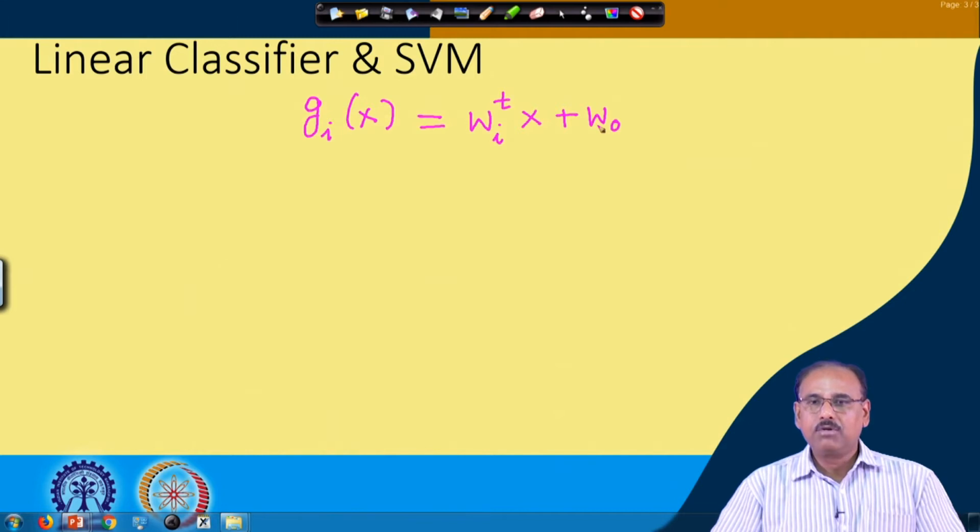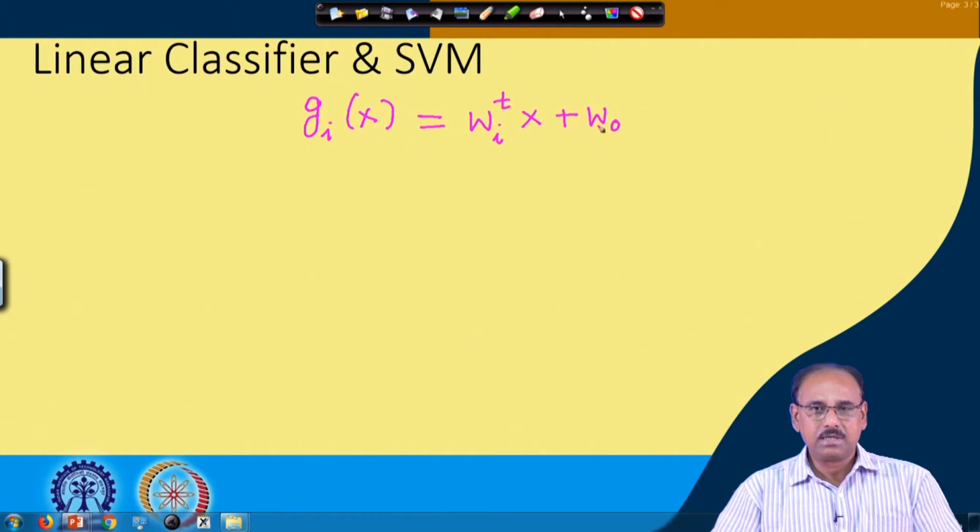Of course, if the covariance matrices of the training samples from the different classes are not the same, then we have seen that the discriminant function of the different classes does not remain linear, but becomes a quadratic function.